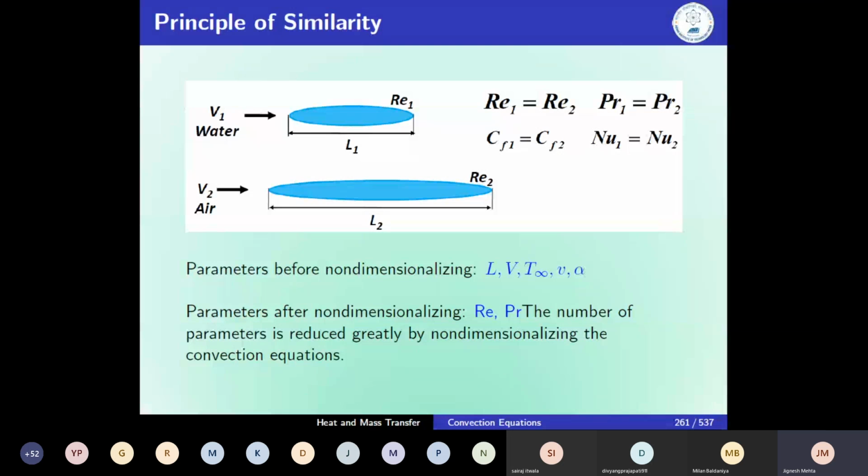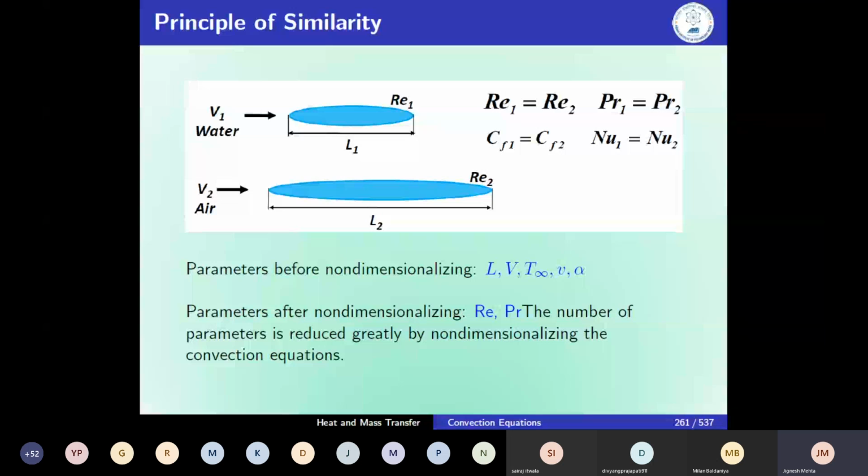And that's what we will be using later on in most of the cases in solving the conduction problems. That is, the empirical correlations available from various experiments which have been done by the researchers, and they have given how, let's say, Nusselt number or Cf, the friction coefficient, is related with Reynolds number or Prandtl number, and with the help of that equation you can find out those parameters.